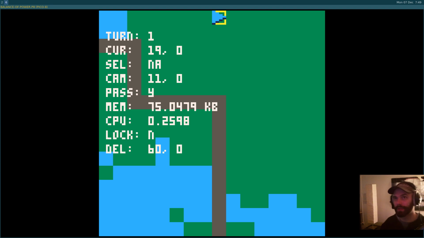Maybe we only need one turn, but we always need it. Before the turn starts? I don't know. What are we trying to do here?